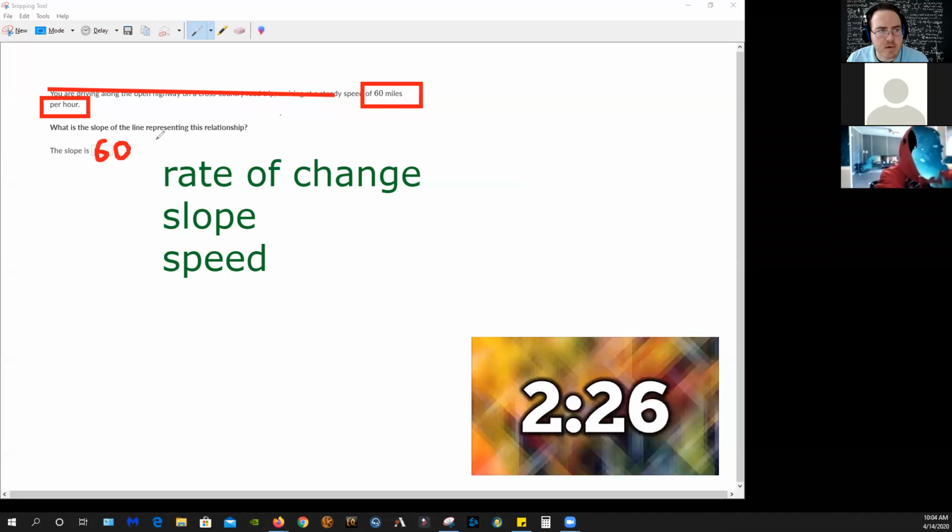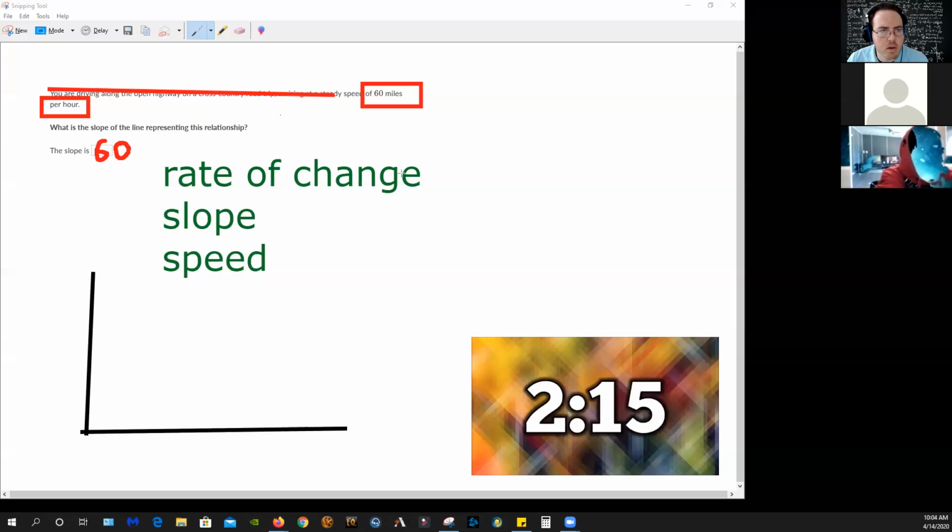Speed, 60 miles an hour. Because if we made a graph out of it, and we went ahead and marked off 1 hour, 2 hours, 3 hours, 4 hours.